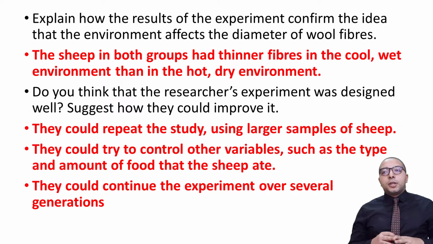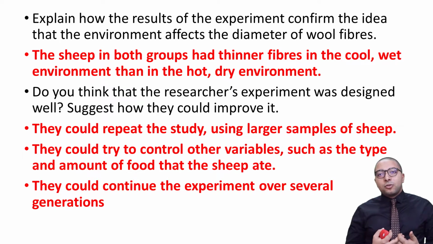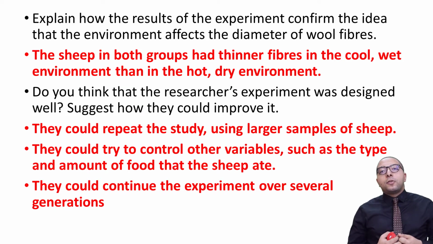So we need to maintain the same type of food and same amount for all the sheep. The third point, they could continue the experiment through several generations. So when you include different generations, you're going to have a better understanding based on each generation, because as you know, all the generations are linked together by the help of the genes and the inheritance.